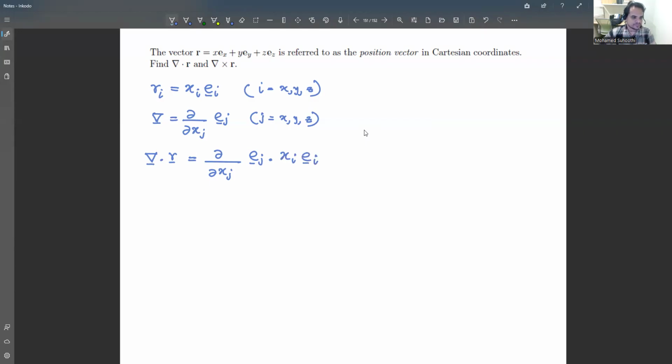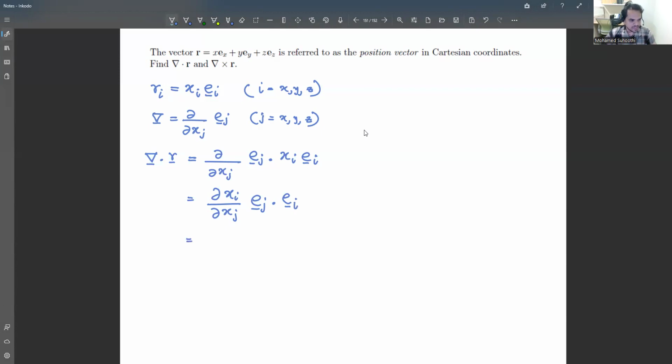Now ei and ej are just unit vectors, constants, nothing to do with the differentiation. Therefore, this one you can take separately. Now this variable, this vector, I'm going to combine with the differentiation. Therefore, dou xi by dou xj. And this ej dot product with ei.